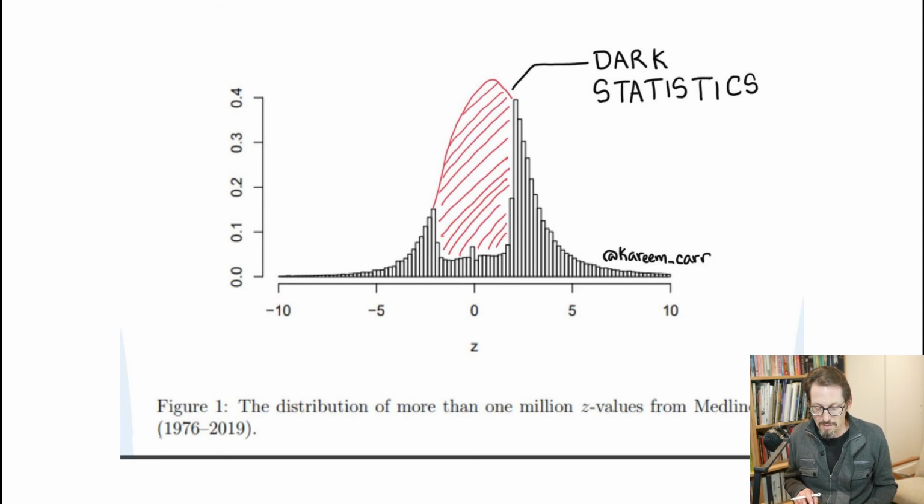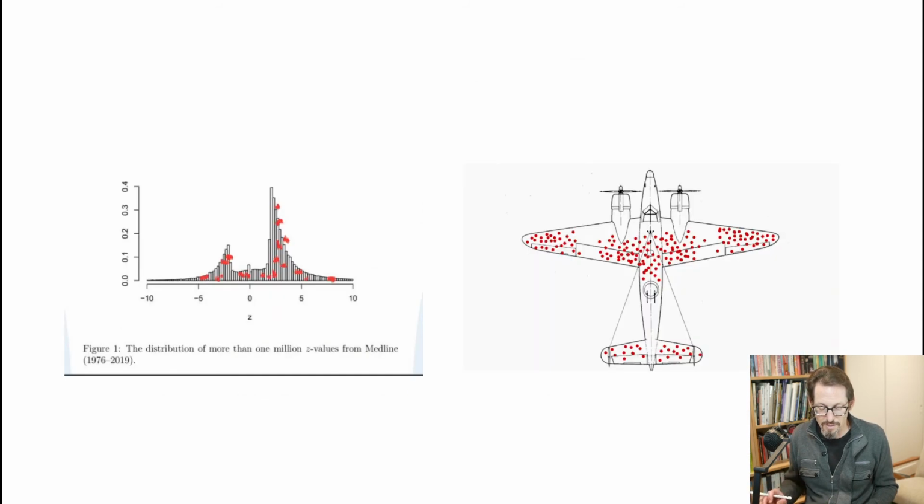So this missing dark matter of statistics is in fact exactly the same as the survivorship bias we talked about a little bit ago, right? We keep seeing all the dots. We keep seeing all the places where a scientific study can be hit by gunfire and survive. But what we care about is maybe the other thing.